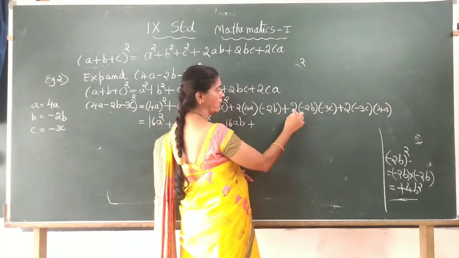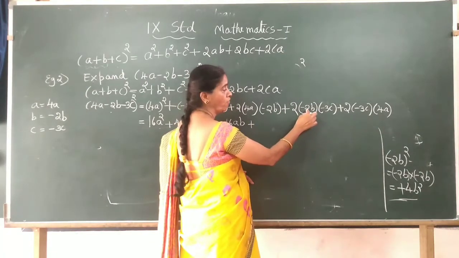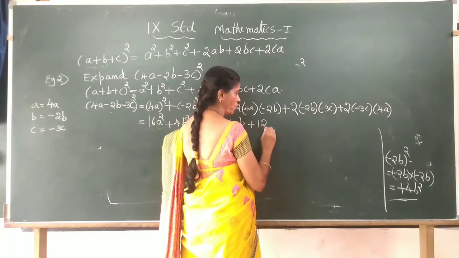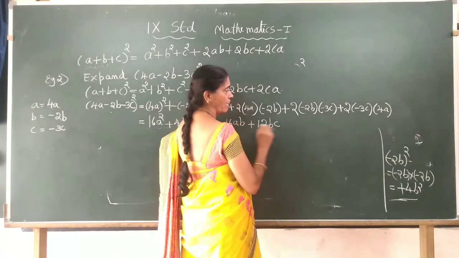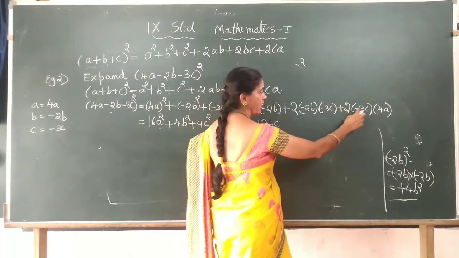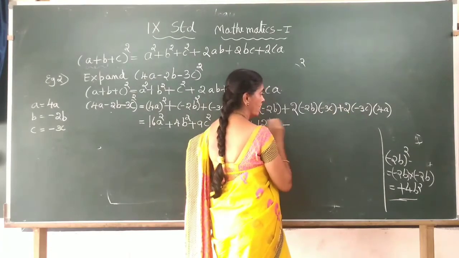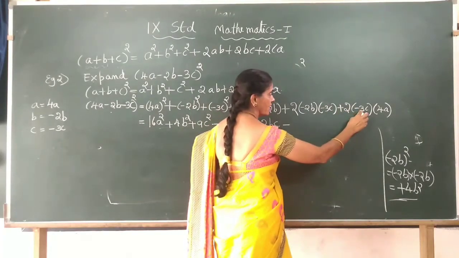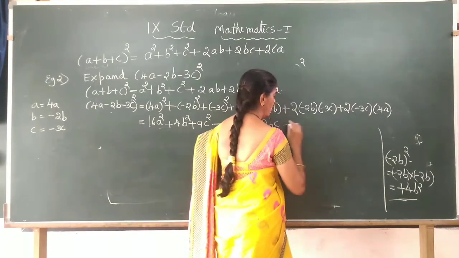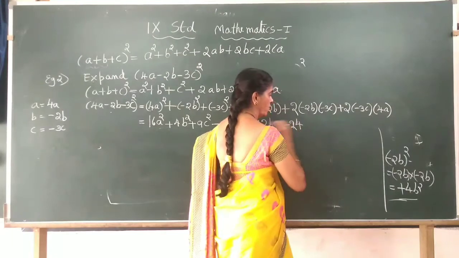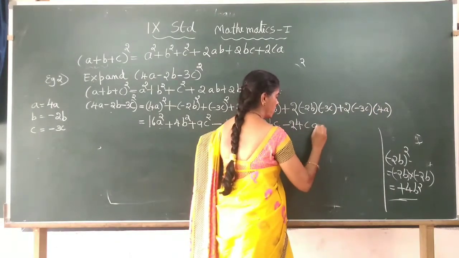Now multiply the numbers. 2 twos are 4, 4 threes are 12, 12BC. And the last one has one plus and one minus, so minus will come. 2 threes are 6, 6 fours are 24. C into A, CA.